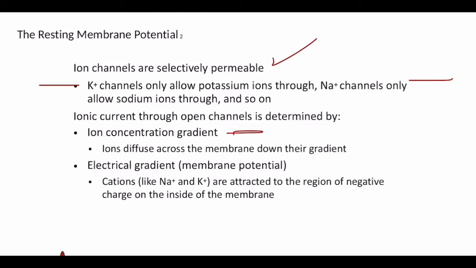Ions are going to diffuse across the membrane based on the property that positives like to go where negatives are, and vice versa. So, electrical gradient, meaning that membrane potential. Cations, remember cat, like paws, positive. Sodium and potassium are positive and are attracted to all of that negativity on the inside of the membrane. So they tend to stack up on the outside.